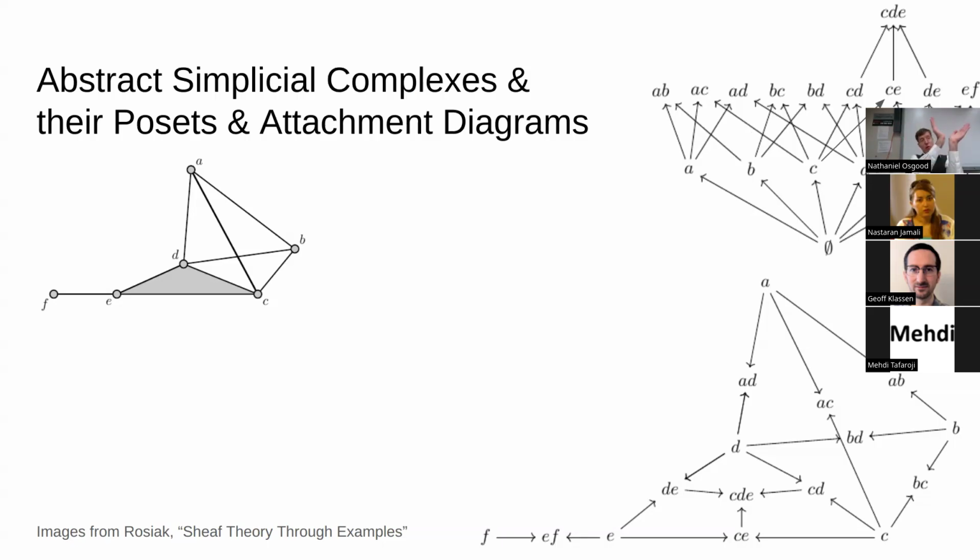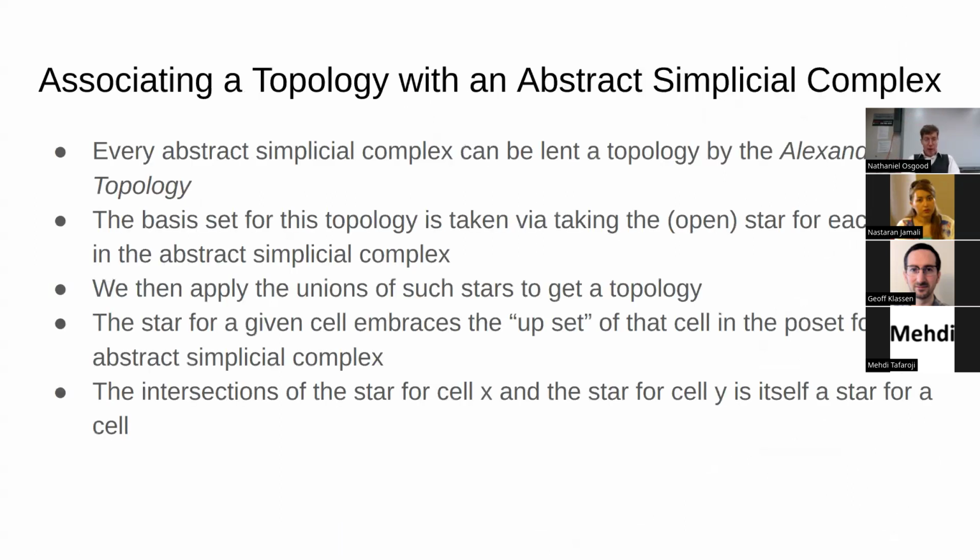You have this cone, you have that one, and they intersect, and it's a cone going up from somewhere else. So it turns out that if we take the star for each simplex, we take the unions of that repeatedly, and then we add the empty set.